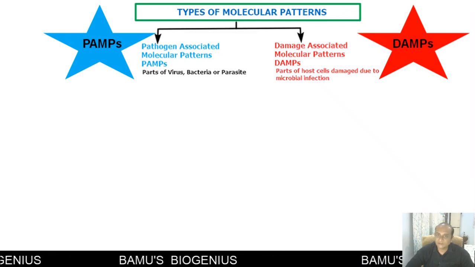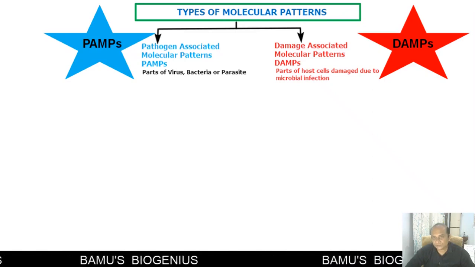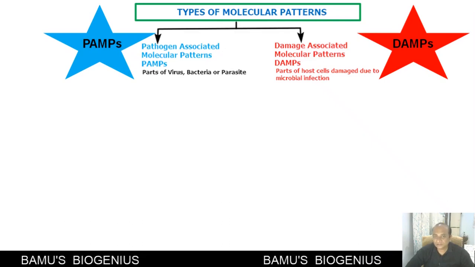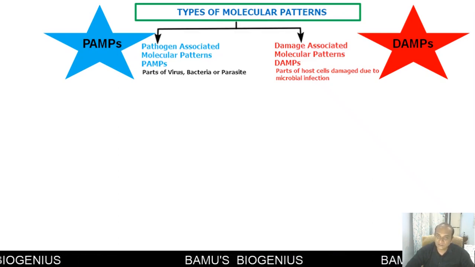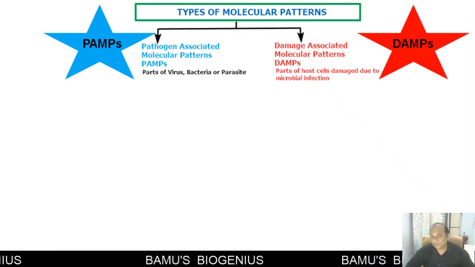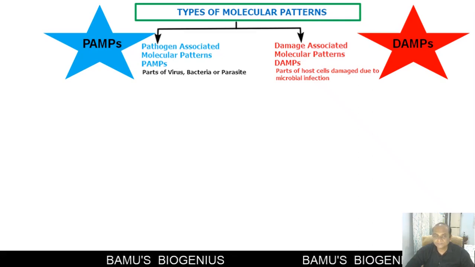Similarly, in the case of a host, when the host tissue gets damaged, the parts of the cell also produce certain kinds of molecular patterns. Such molecular patterns are generated by damage to the host cells, and that's why they are called damage associated molecular patterns, or DAMPs.